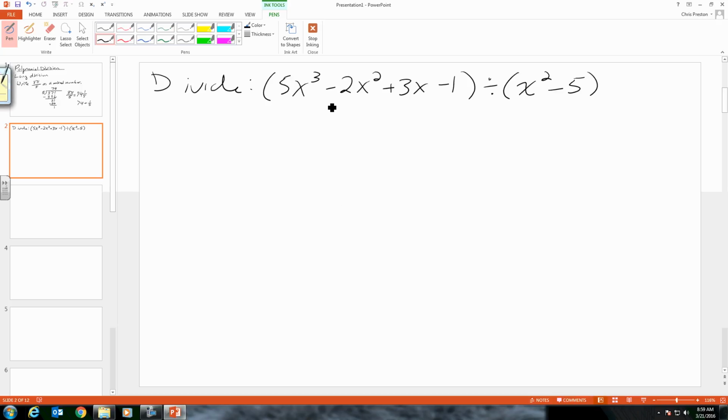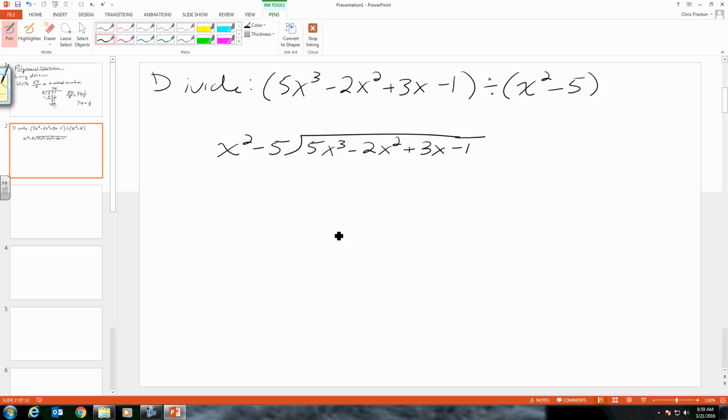Okay? So, just like in the previous example, I'm going to put my divisor out front here, and I'm going to put my dividend inside my divide symbol here, and what I'm going to try to do is see how many times this goes into this.